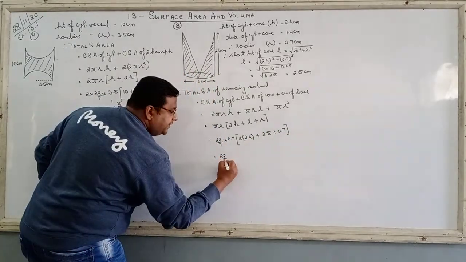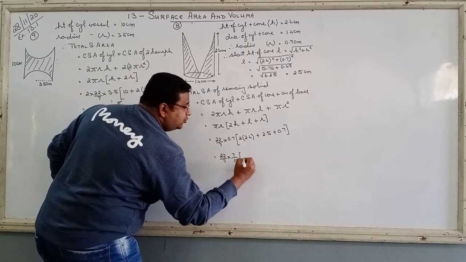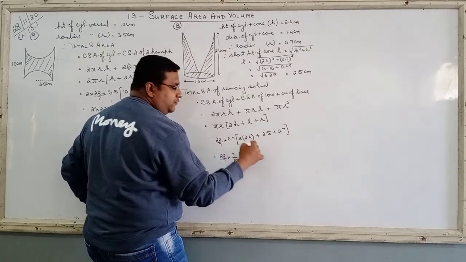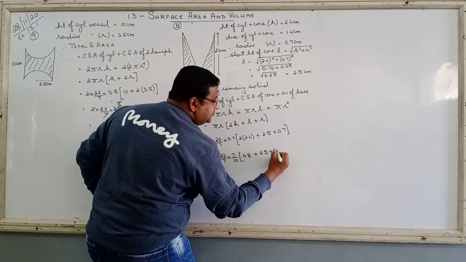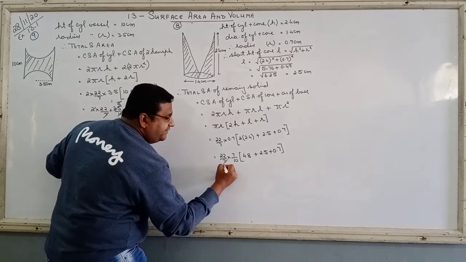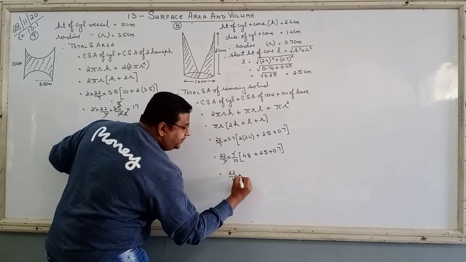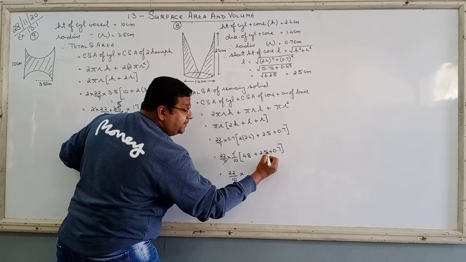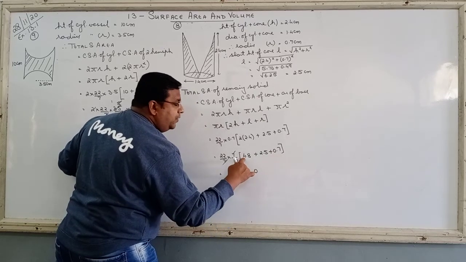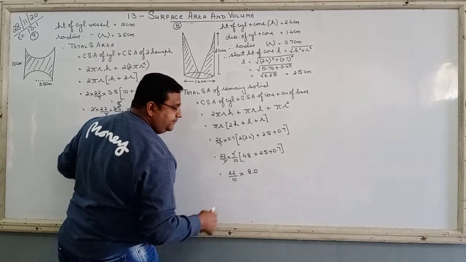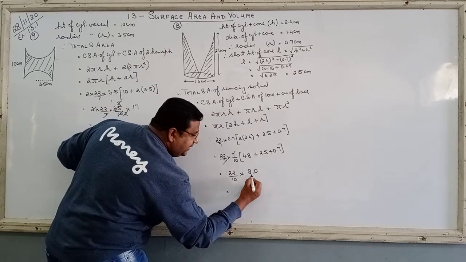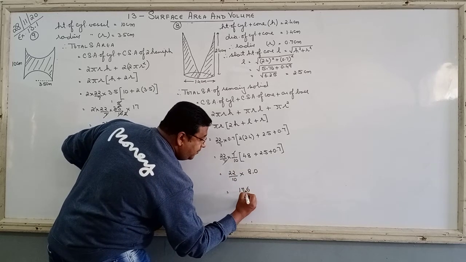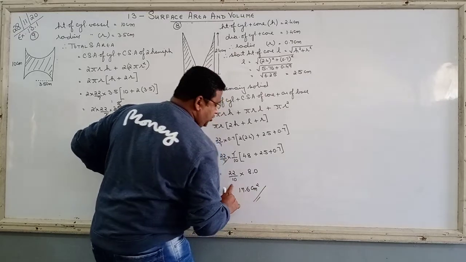So 22 by 7 into 7 upon 10 into 2 into 2.4, that is 4.8, plus 2.5 plus 0.7. Add them: 7 and 7 cancel, 22 by 10 into 8. 8 and 5, and 7, that is 15, 15 plus 5, 20. So 22 into 8, 8 2s are 16, 8 2s are 16 and 1, 17.6 centimeter square, because it is divided by 10.